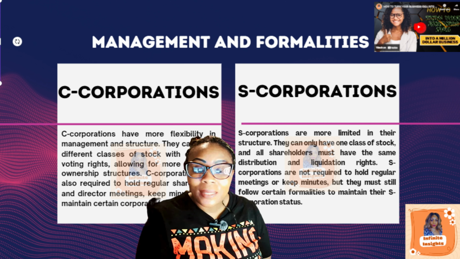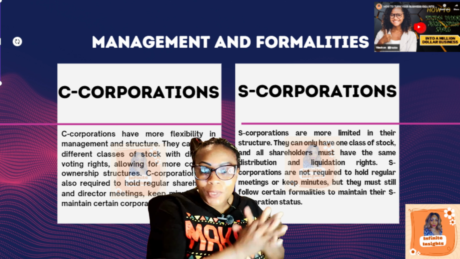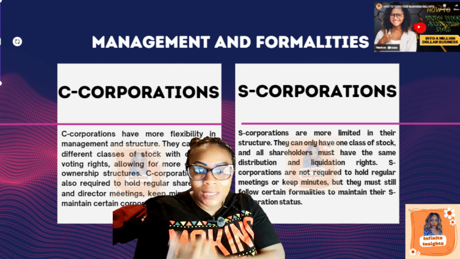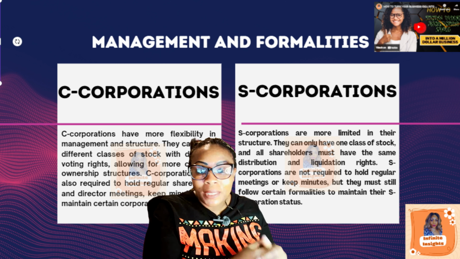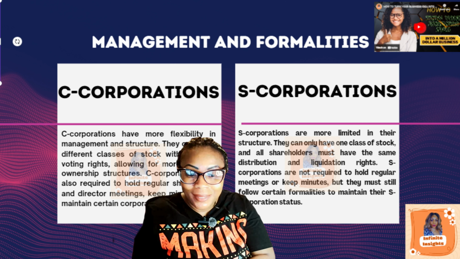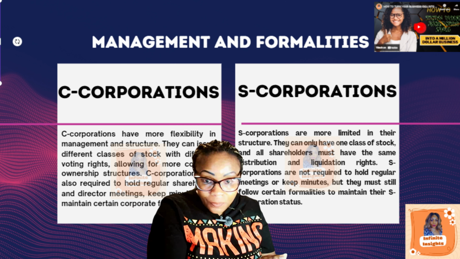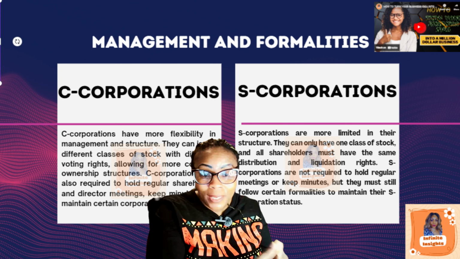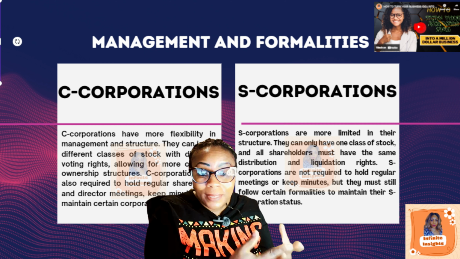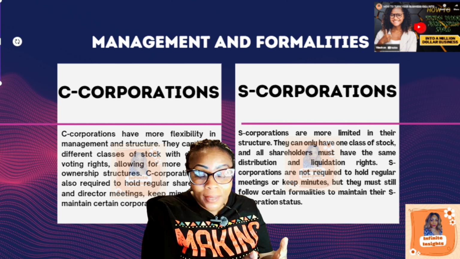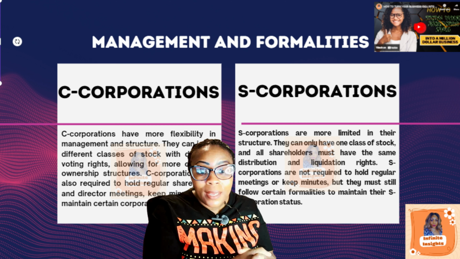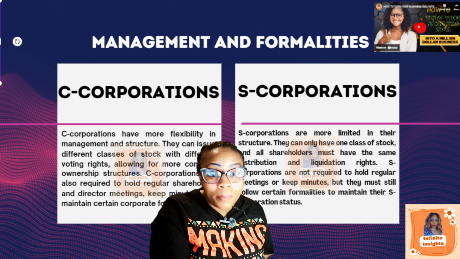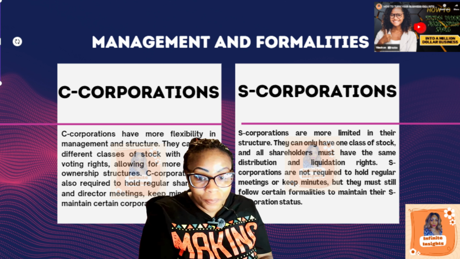As you can see, there is a difference between C corporation and S corporation management and formalities. The C corporation seems more flexible in terms of management and structure. They have many classes of stock, they have voting rights, and they are allowed to have more complex ownership structures.